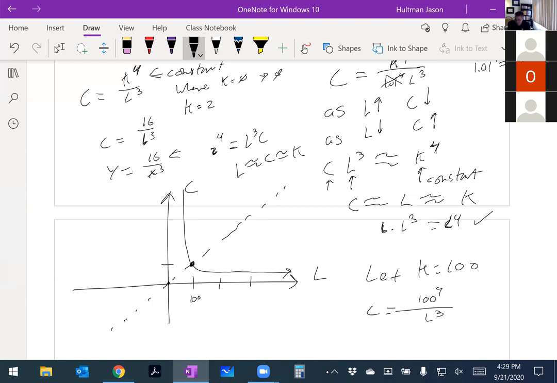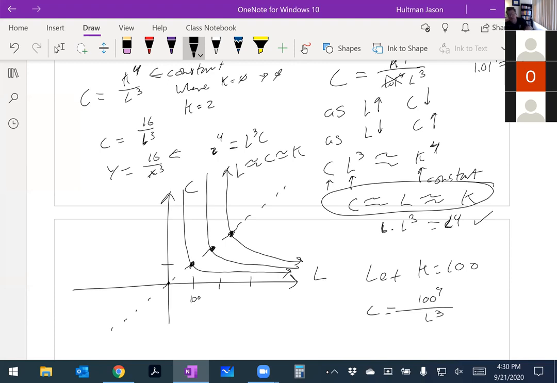Okay. So what we're going to get is a family of rational curves that look like this, but follow the line L equals C. They follow this line L equals C because we're fixing K and saying, let K approximately equal C, which is approximately equal to L, and then you can fix that.